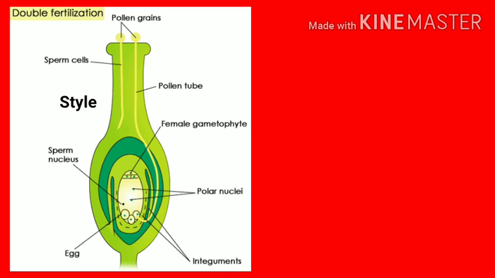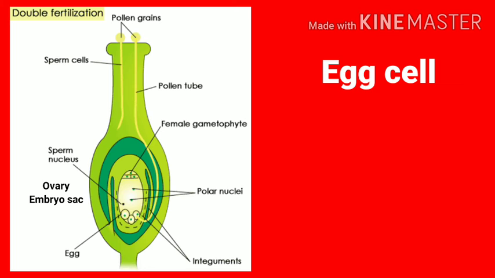The pollen tube travels through the style and reaches the ovary. Then it will penetrate into the ovule and reach the embryo sac, which has the egg cell. You got it?